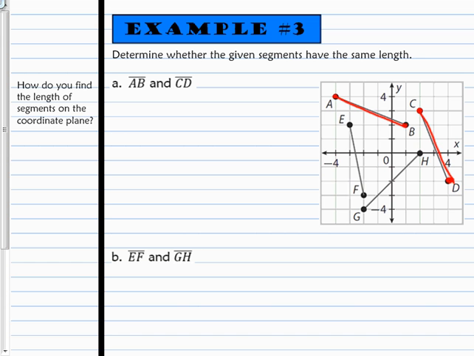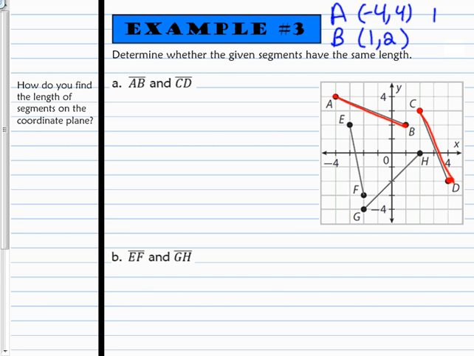So I'm going to find the distance first between A and B. The coordinates for A are -4, 4, and the coordinates for B are 1, 2. Remember, the distance formula has an x2 and an x1 and a y2 and a y1.